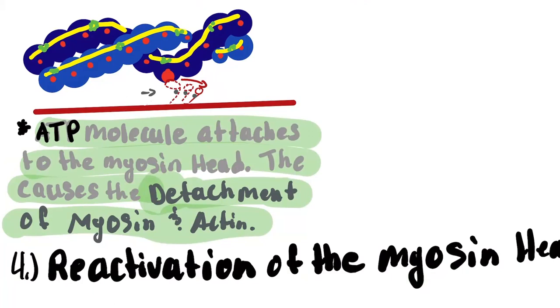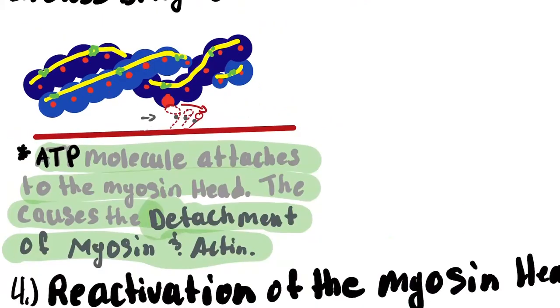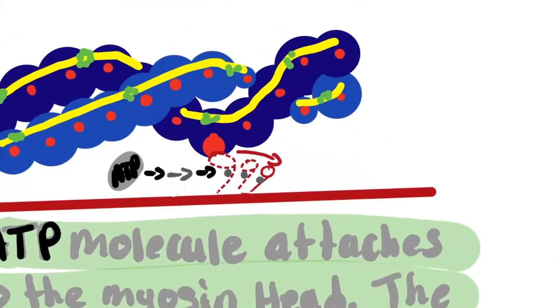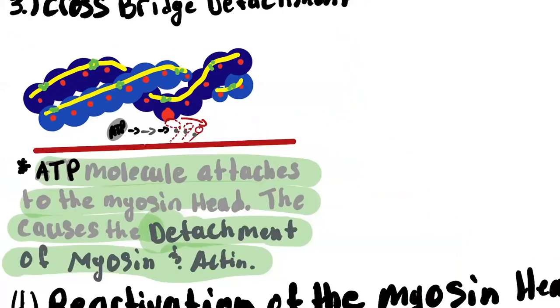So you're gonna have another ATP molecule come in, and it's going to attach to the myosin head. And the moment that ATP attaches to the myosin head, that's what causes the detachment of myosin and actin.